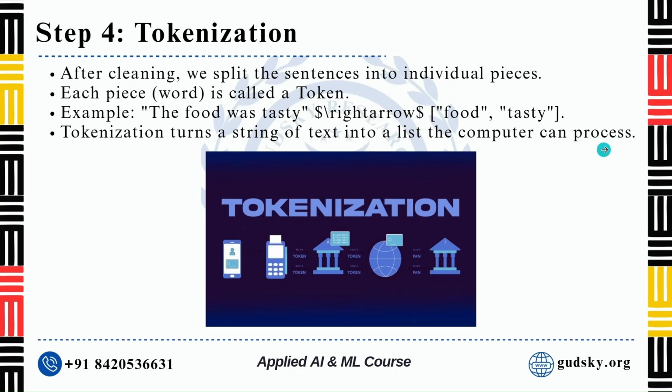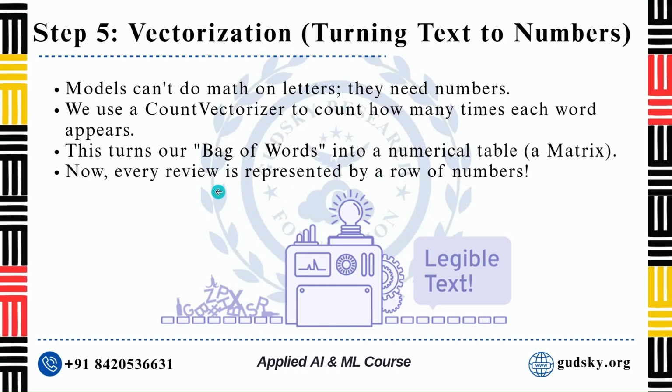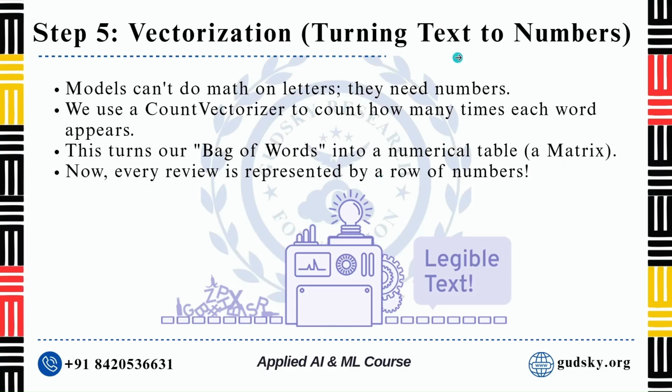Here we are, the tokenization, and the next step is vectorization, turning the text into numbers. We have done this in our coding part, but what is it? Now the magic trick, vectorization. Computers can't calculate good plus great. We use a CountVectorizer to turn our words into a table of numbers. Each row represents a review, and each column represents a word.